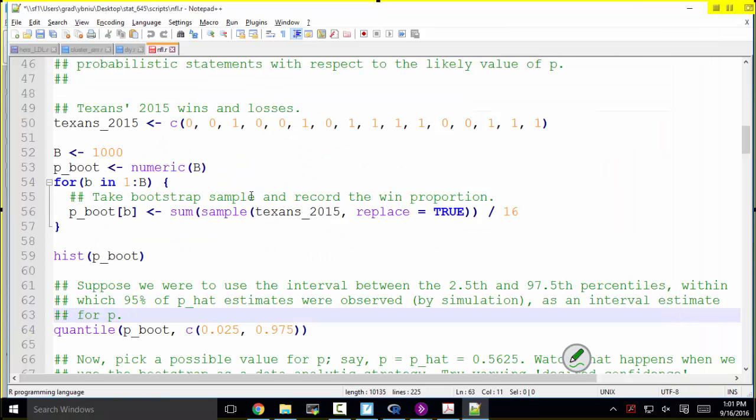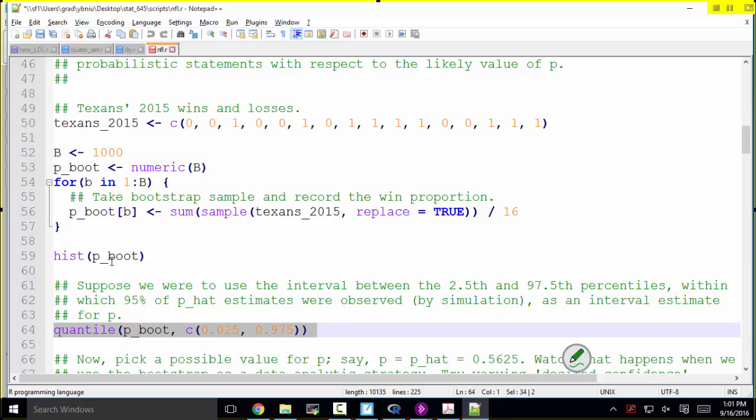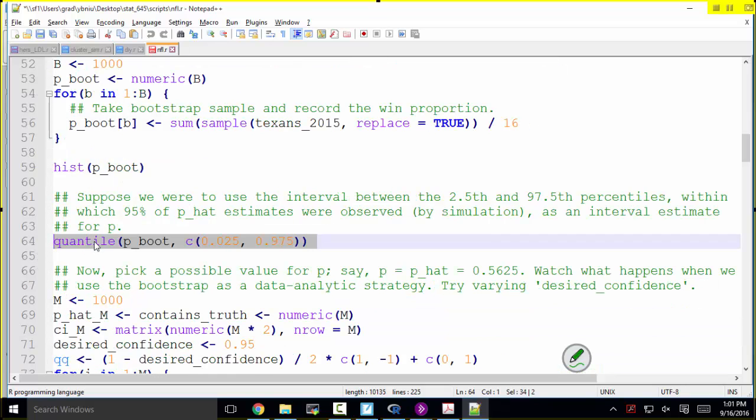So to do Bootstrap, we sample with replacement, and then a confidence interval is, give me the percentiles that correspond to the confidence level we want. If I wanted 95%, I get 2.5 and 97.5. If I wanted, say, 80%, I'd need to capture the inner 80%, which means 10% on either side.